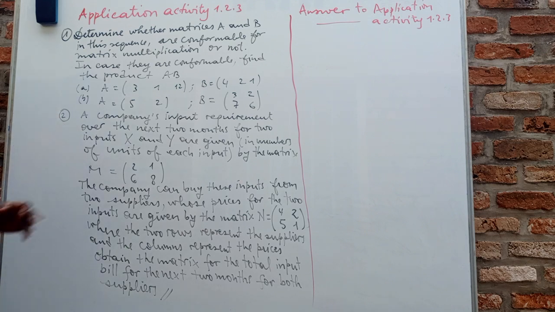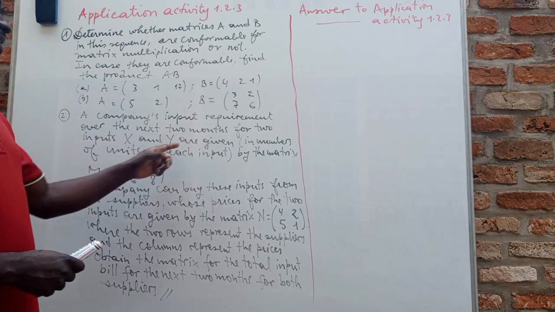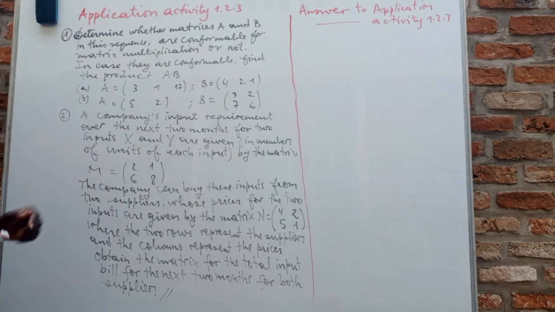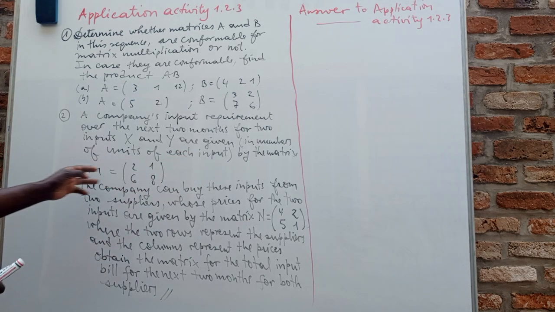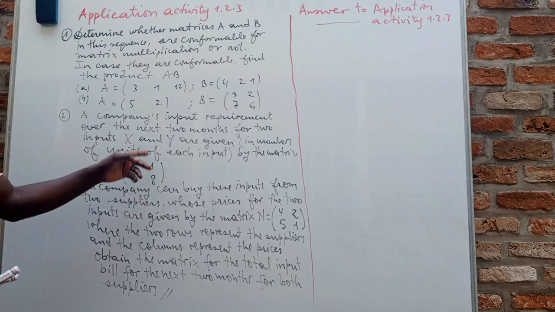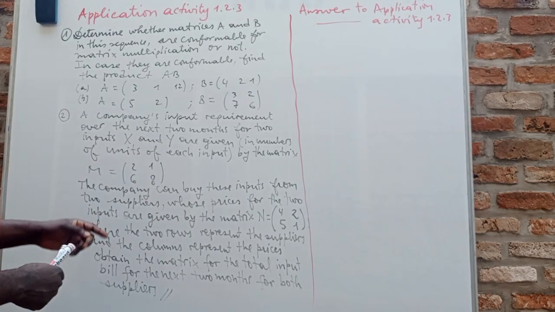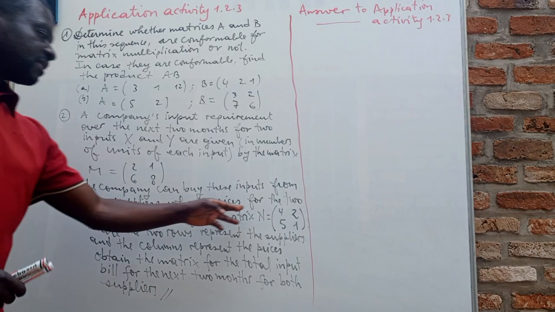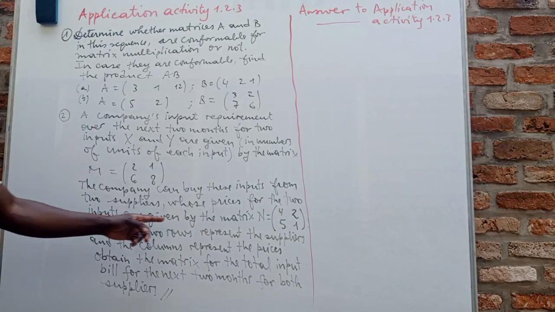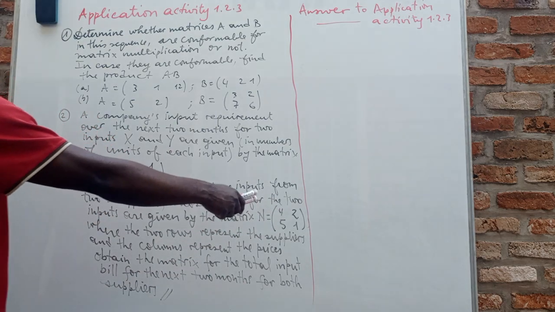Okay, question number 2. A company's input requirements over the next 2 months for two inputs X and Y are given in numbers of units of each input by the matrix M, a 2 by 2 matrix, first column 2, 6, second column 1, 8. The company can buy these inputs from two suppliers whose prices for the two inputs are given by the matrix N, which is a 2 by 2 matrix.